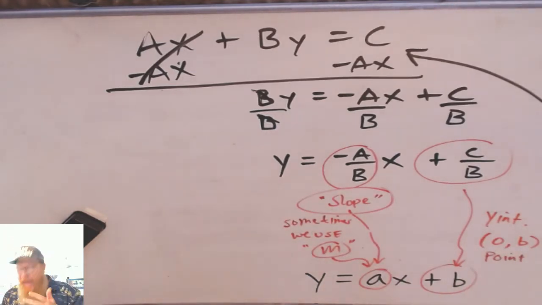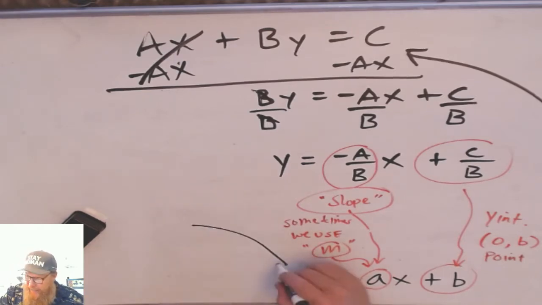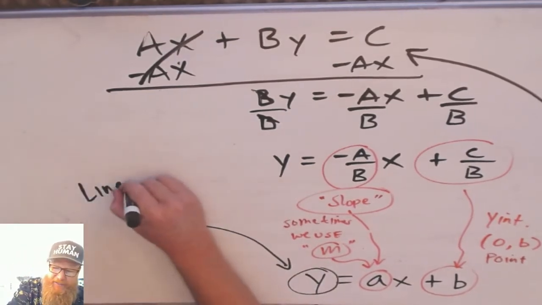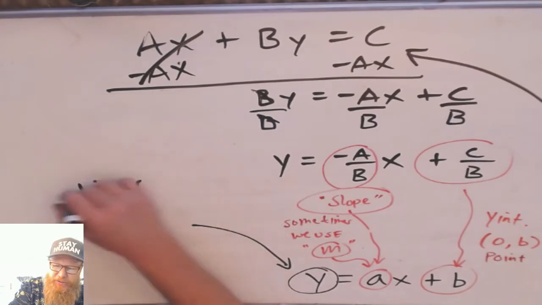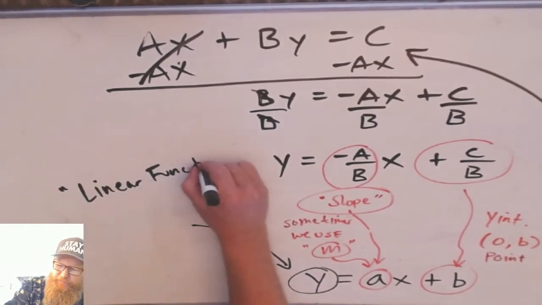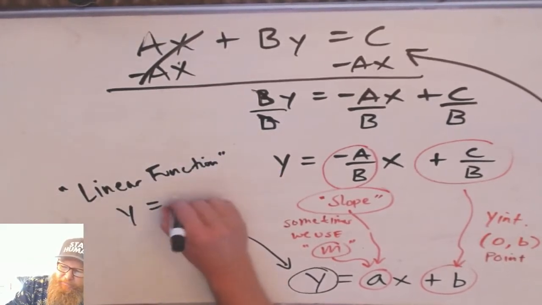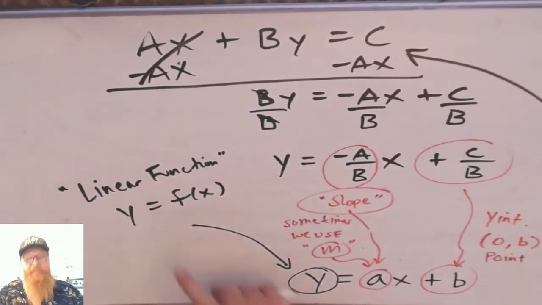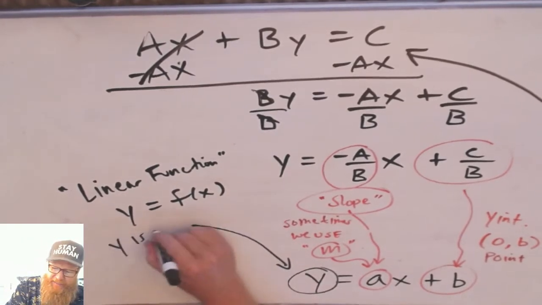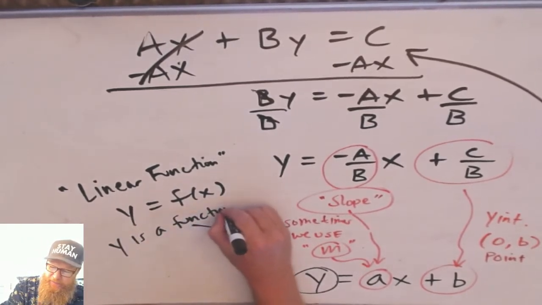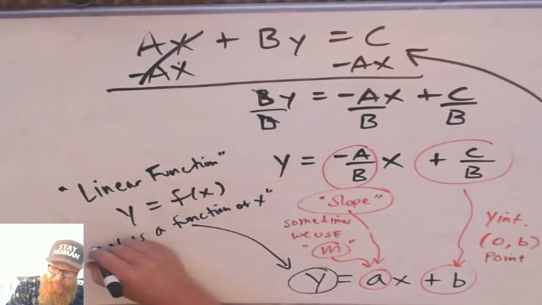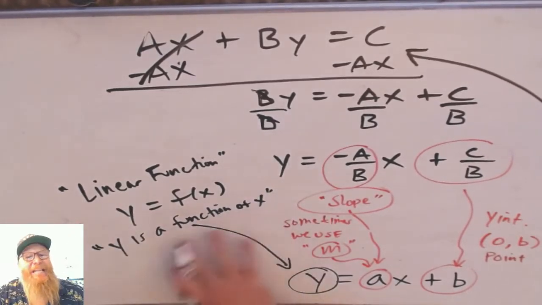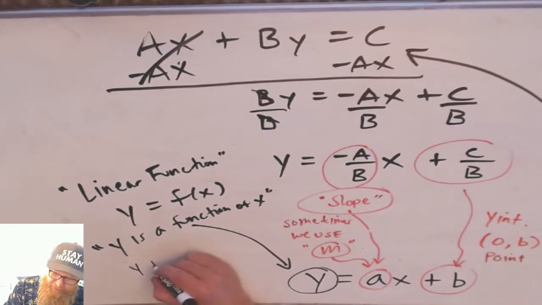Okay, and then if the y is isolated, this is what we call a linear function. And we say y is a function of x, or we sometimes say in terms of x.